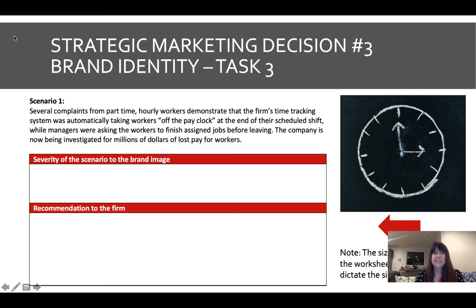So the first one is several complaints from part-time hourly workers demonstrate that the firm's time tracking system was automatically taking workers off the pay clock at the end of their schedules. And furthermore, you have managers who are saying, just go, finish your work, we'll take care of it.